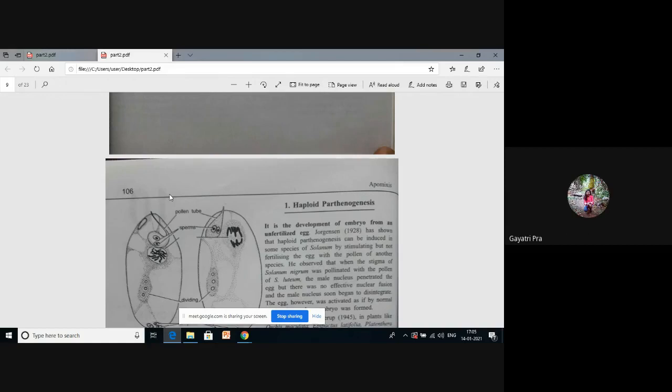Coconut, groundnut. Especially monocot seeds are endospermic seeds.